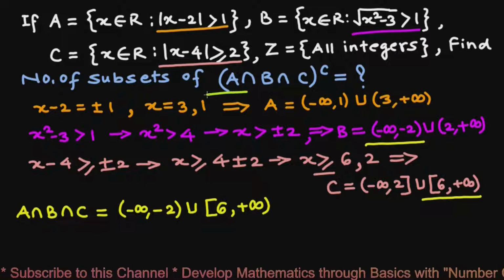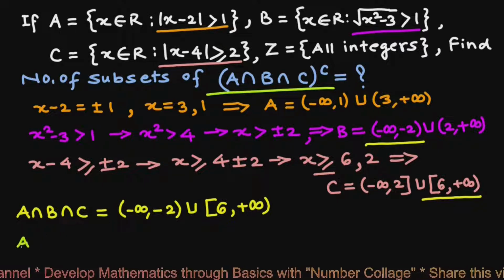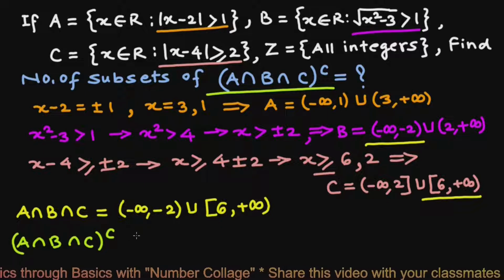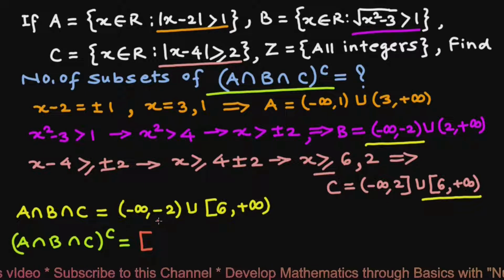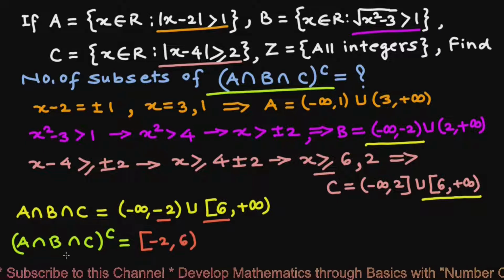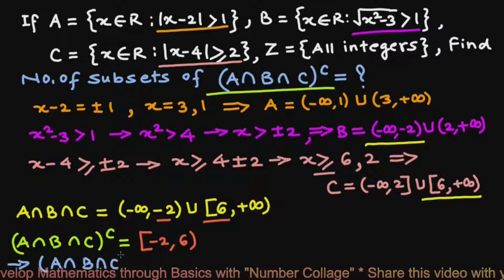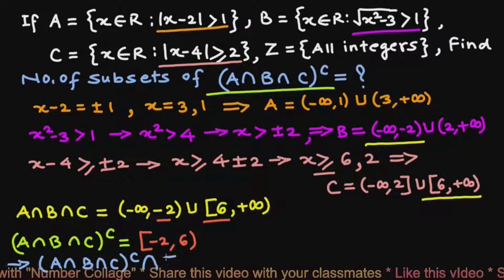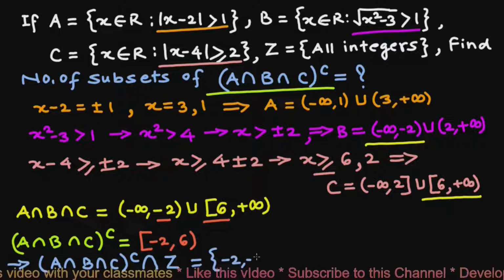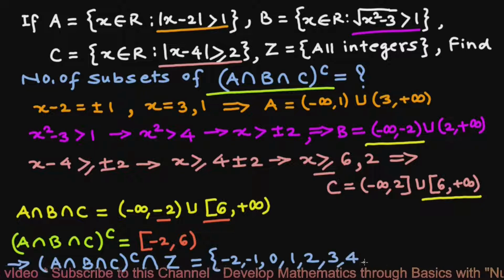Therefore, the complement of A intersection B intersection C will be the closed interval minus 2 comma open interval 6, and if the complement of A intersection B intersection C is to be an integer set, then this set will be minus 2, minus 1, 0, 1, 2, 3, 4 and 5.